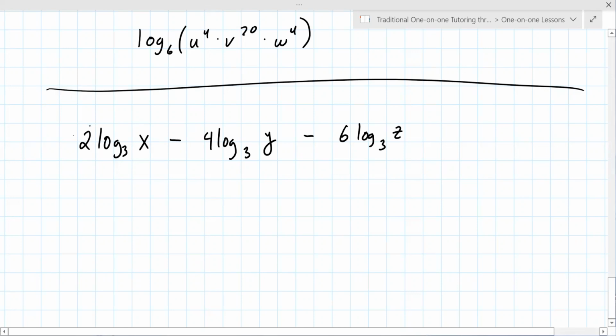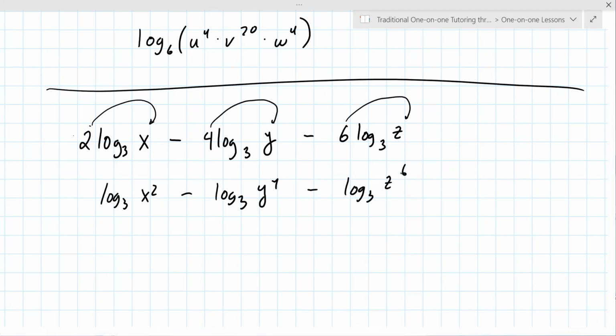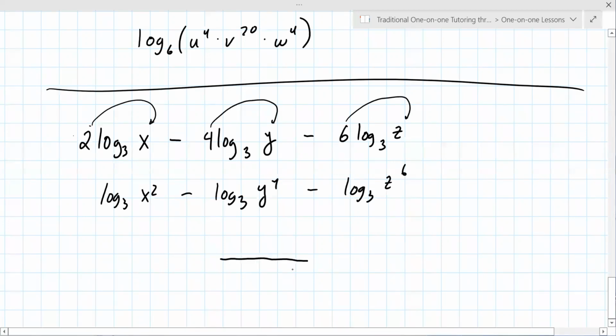But before you even do that, you need to move the exponents in all three of these. So it'd be log base 3 of x squared minus log base 3 of y to the 4th minus log base 3 of z to the 6th, like that. Now, if you want an explanation for why the subtractions go in the bottom, I can give you that, or we can just accept the rule as is.